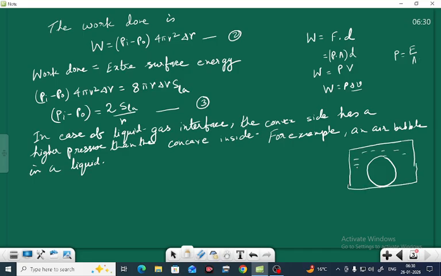So this is an air bubble. What happens in this case? In this case, you will find that an air bubble in a liquid would have higher pressure inside it. That means Pi internal is greater than P outside.